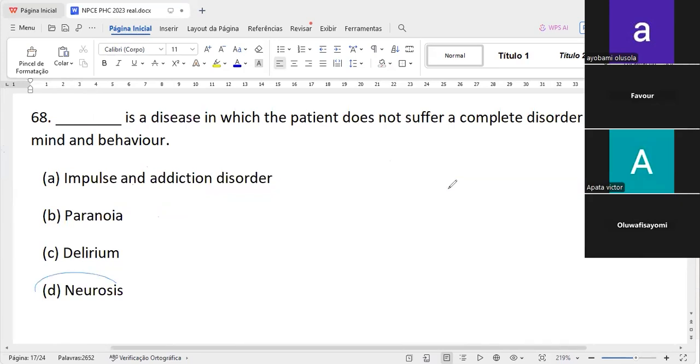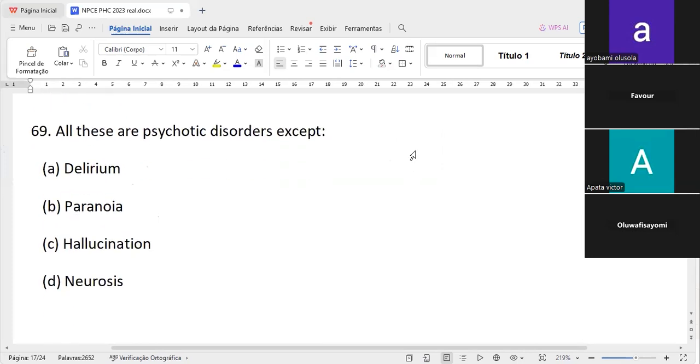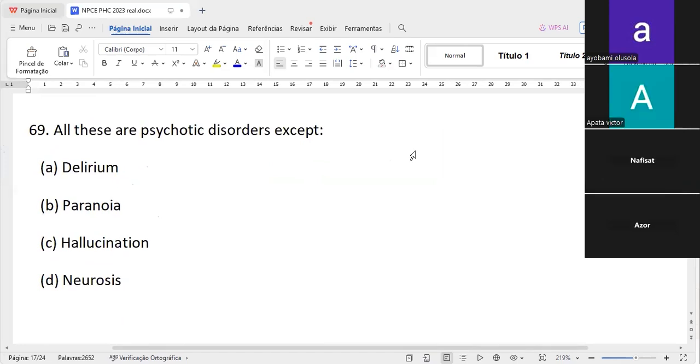Neurosis. It involves an emotional distress without severe disorder or behavior disruption. All these are neurosis. That's the answer.